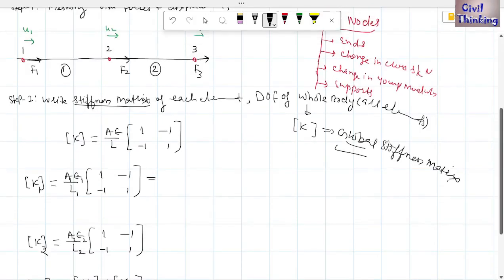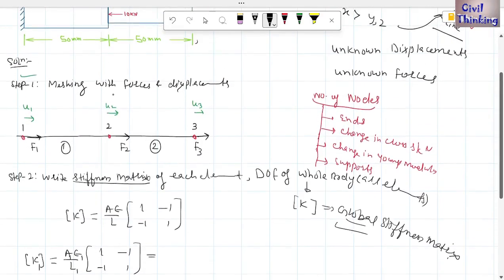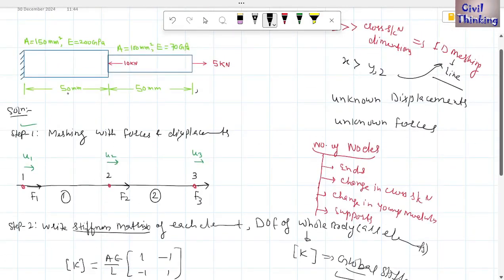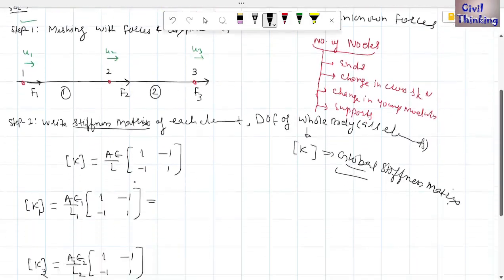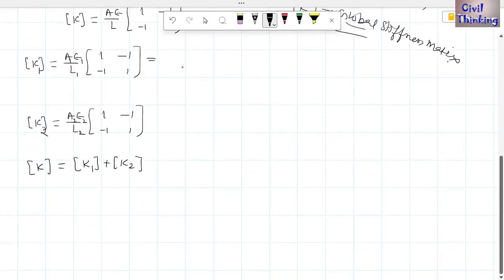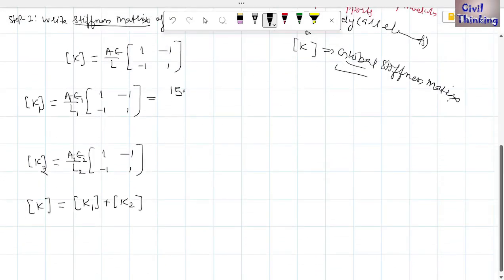Now AE by L. Okay, here it is AE divided by L. A is 150, E is 200 and L is 50. Okay, these are in mm square, gigapascal and mm, so it is 150 times 200 divided by 50.